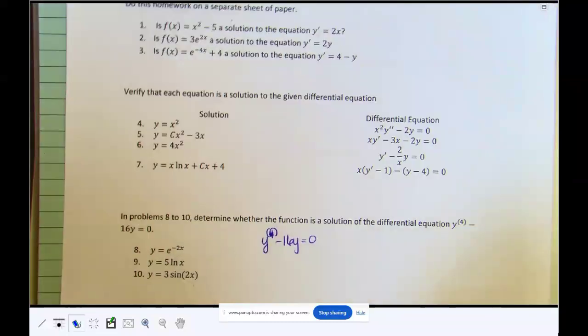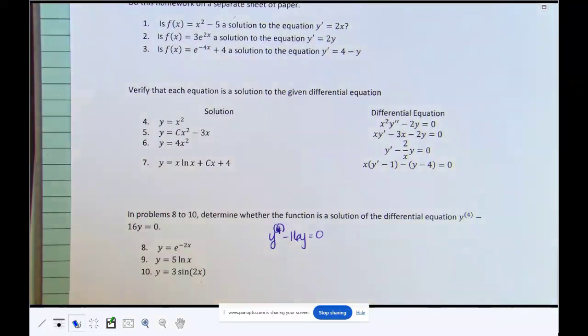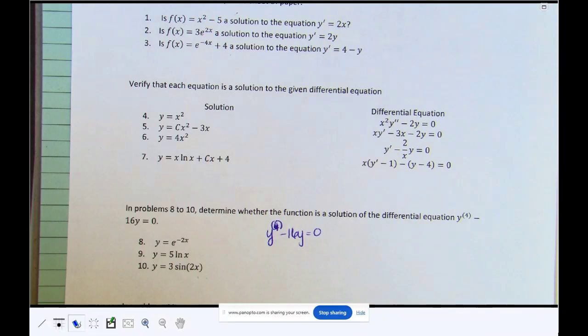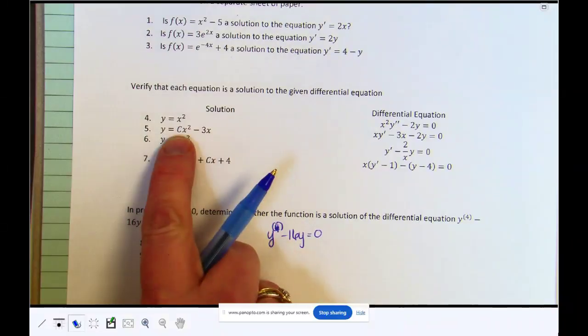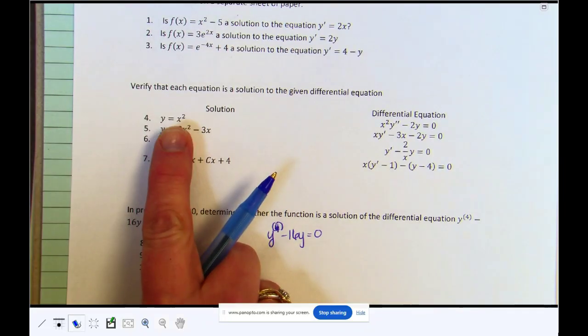Now, a little bit of weirdness here. We've been doing the plus C and the C that absorbs everything. This is different. Okay, so we've got a C here and a C here. These C's do not absorb everything. This is a constant. It's just there along for the ride. So for example, the derivative of this is not 2x. The derivative of this piece of it is 2cx, because C is a set number.